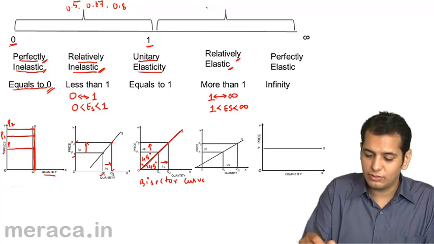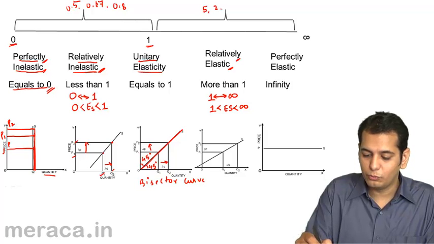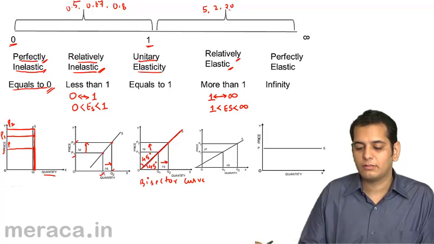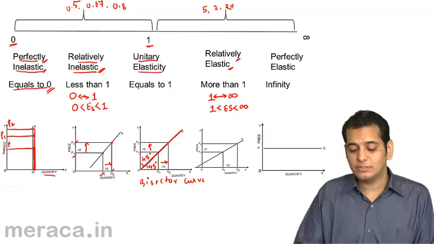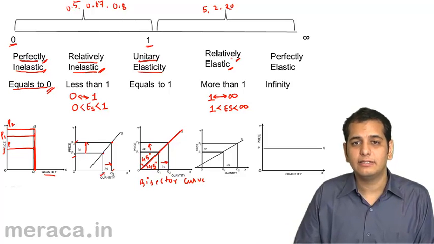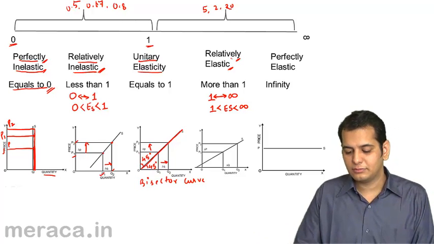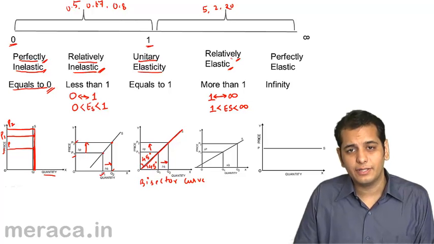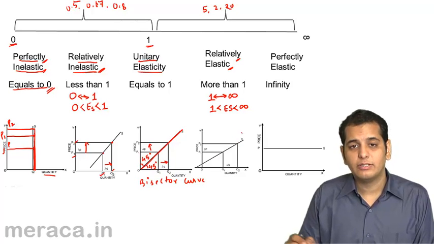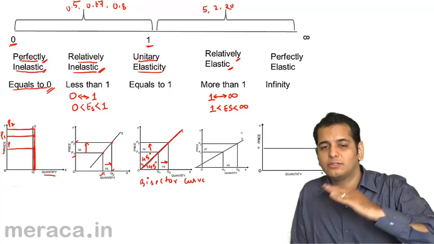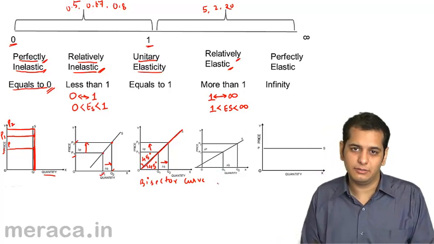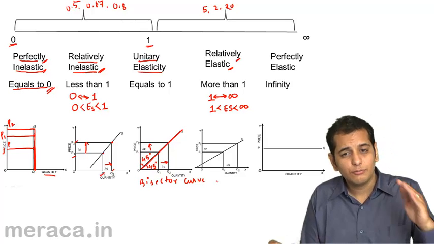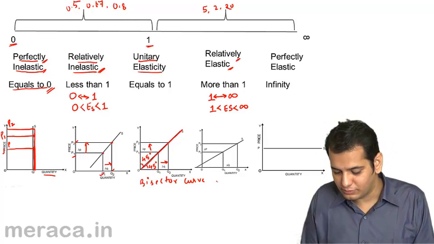Let's say the answer is 5 or 2 or 20. This is a case of relatively elastic supply. And in this case, the supply curve is tilted towards the x-axis. It is a flatter curve tilted towards the x-axis.